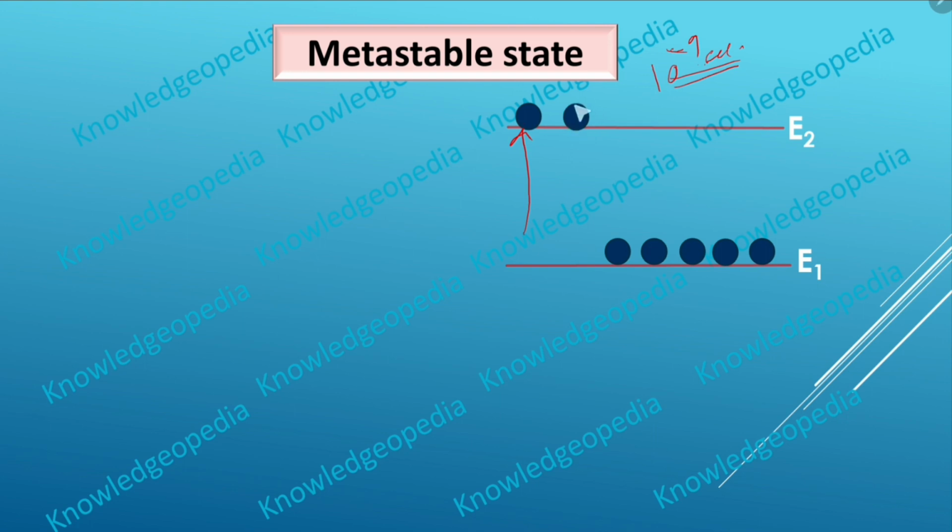But they cannot stay here for more than 10 to the power minus 9 second. So within some nanoseconds they will come back to the ground state. By the time some of these atoms are moving to the excited state, the atoms which moved earlier will come back to the ground state.